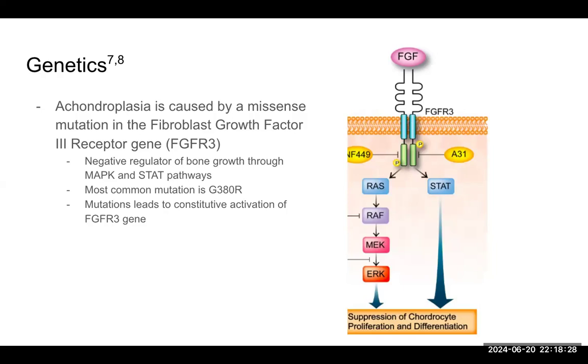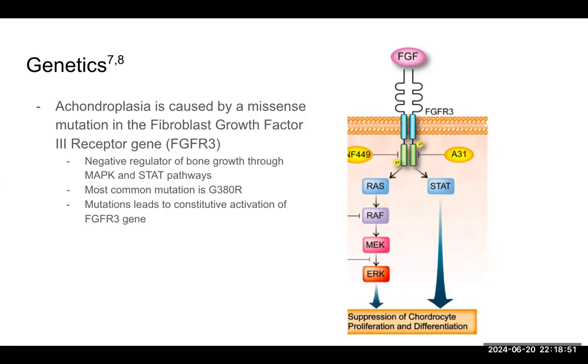The gene responsible for achondroplasia encodes for one of the key receptors in regulating chondrocytes, or cartilage-forming cells. This gene is fibroblast growth factor receptor 3, or FGFR3. The protein is a transmembrane protein waiting to be activated by a specific ligand binding.